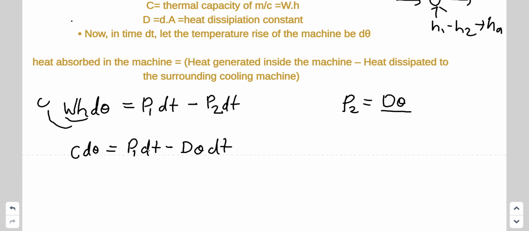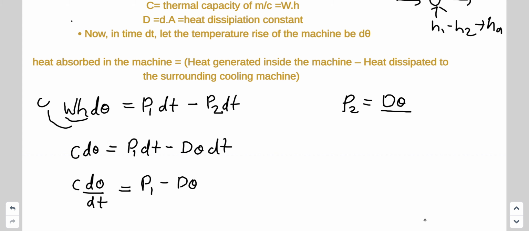Now take dt to the denominator, so C d theta by dt is equal to P1 minus D theta.